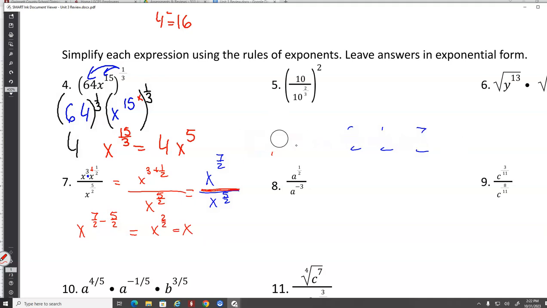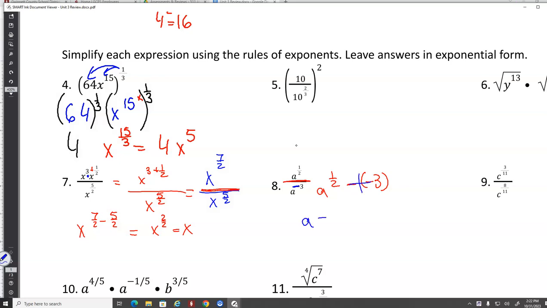All right, number 8. Okay, again, the same base. I have a division going on here, which means I'm going to be subtracting their exponents. So that's 1/2 minus a negative 3. Again, one of the mistakes students make is forgetting that you're subtracting the negative. That means it's going to become a positive.